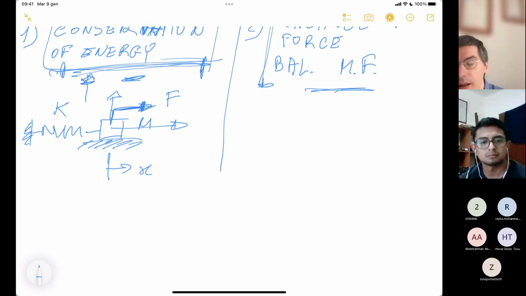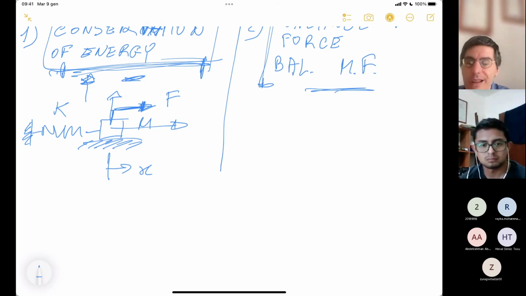So you apply an external interaction, let's call it F. The spring will elongate. So let's find the x that represents the equilibrium of this spring.